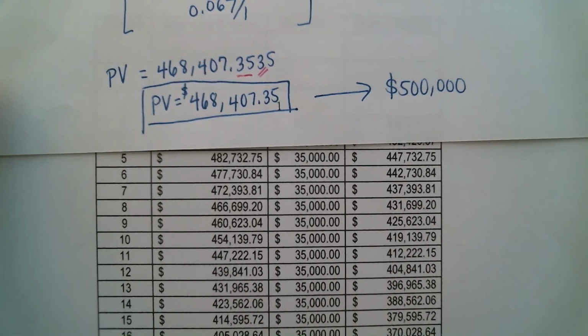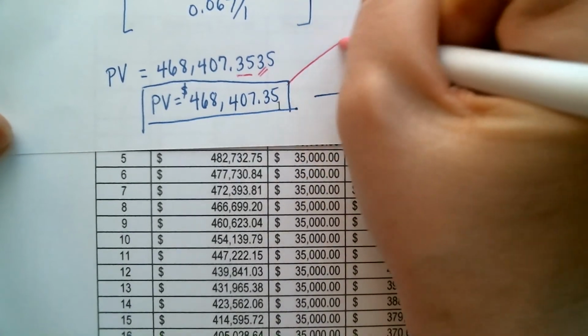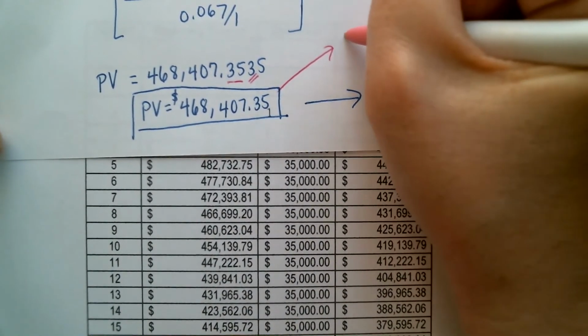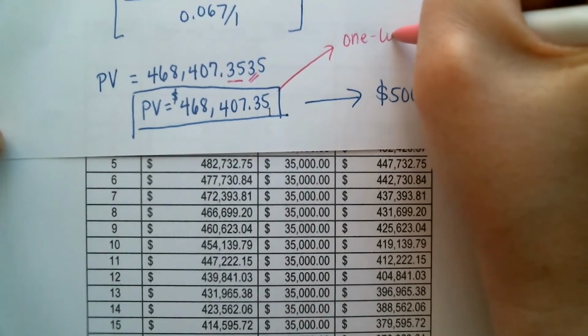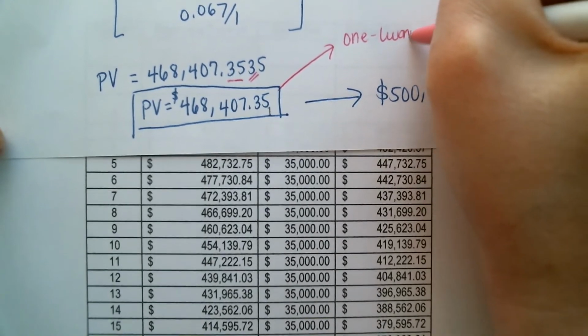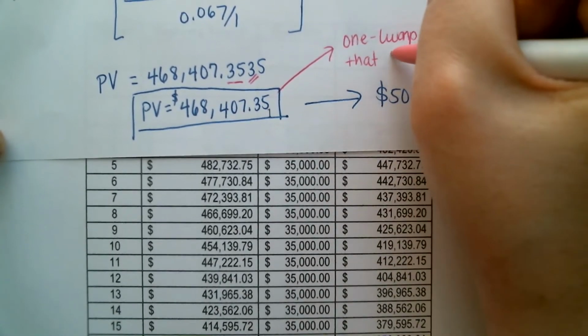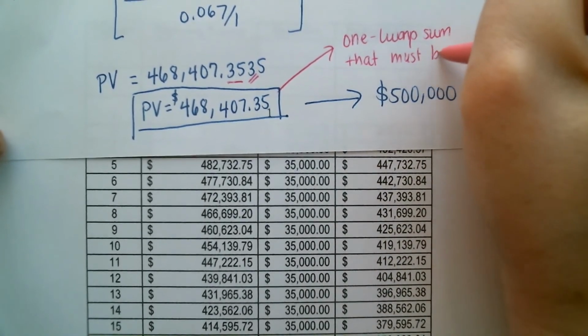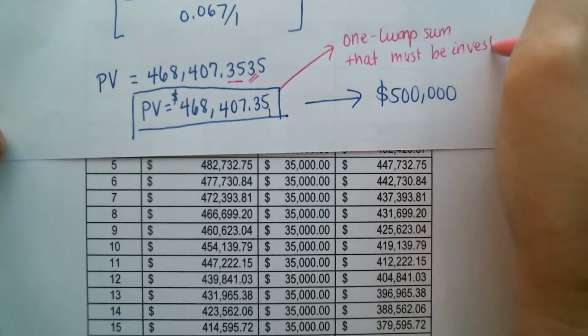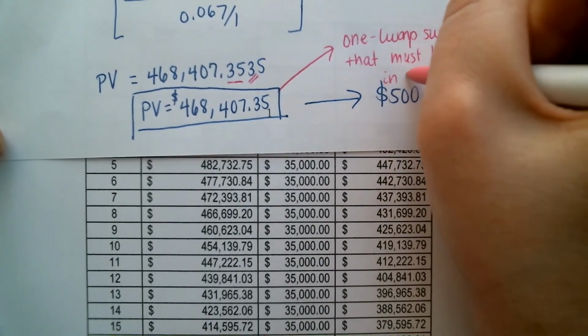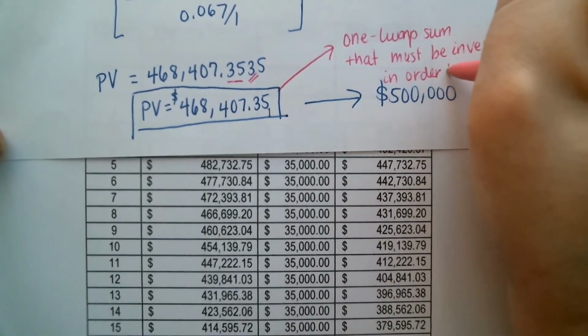Again, I told you when I was trying to explain the meaning of the present value formula, you want to think of this as the one lump sum that must be invested in order to pay out the annuity.